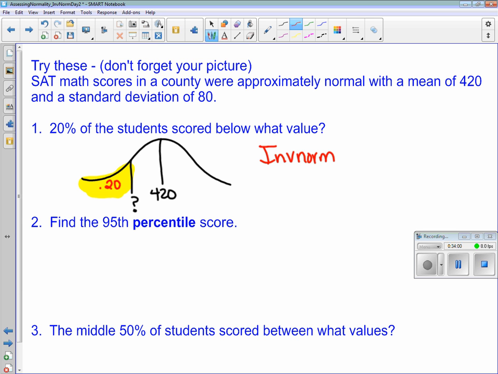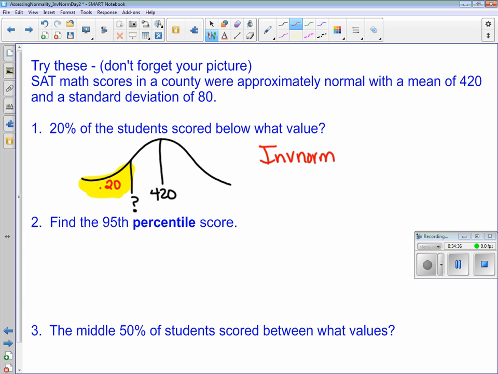So 20% is 0.2. Now, it's asking for a mean and a standard deviation. Look at what the default is. If I leave it as 0 and 1, what kind of answer is it going to give me? A z-score. Do I want a z-score? No. What I want is the actual test score that is associated with the 20th percentile. You can think about it that way. So I'm going to put in my mean of 420 and the standard deviation of 80.